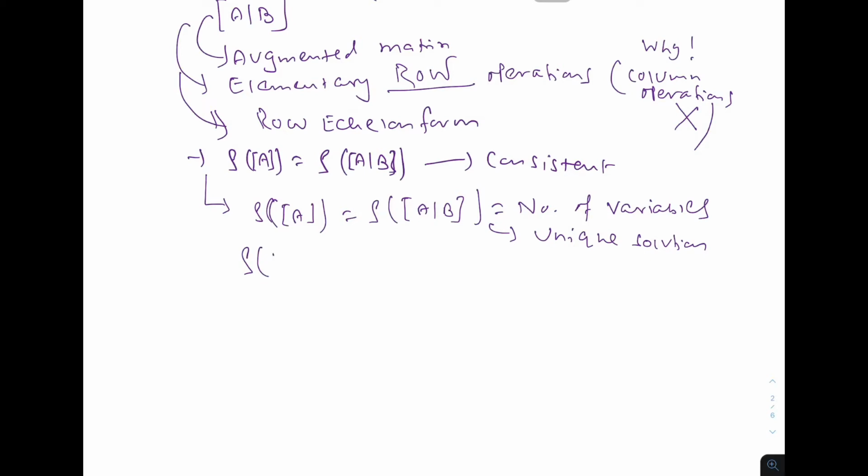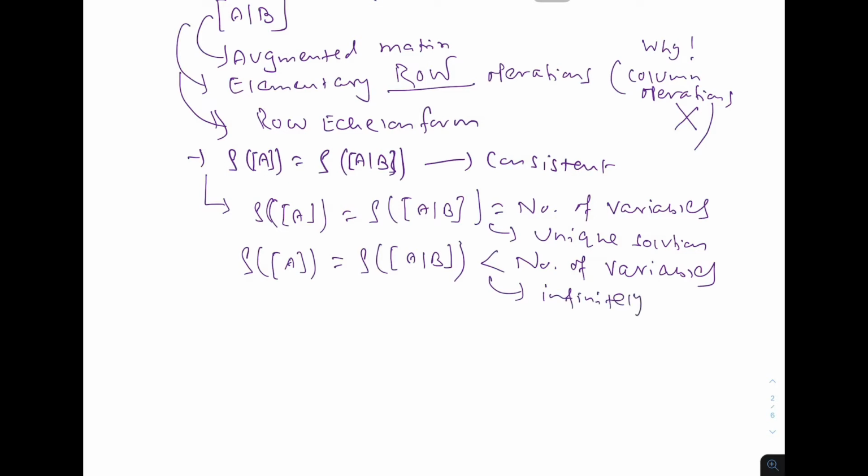And if rank of A equals rank of AB and it is less than the number of variables, then the system has infinitely many solutions.